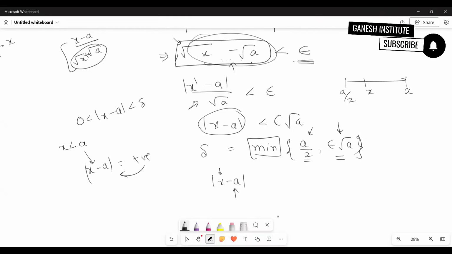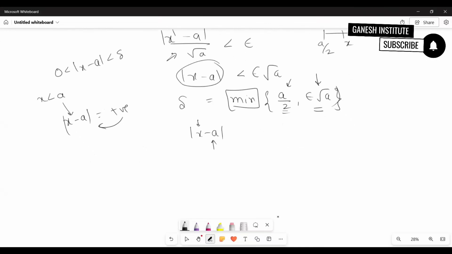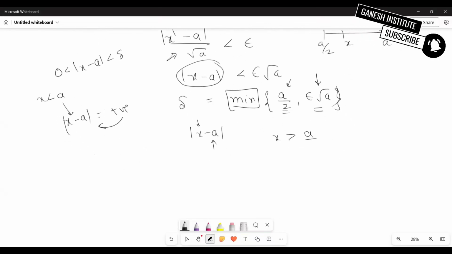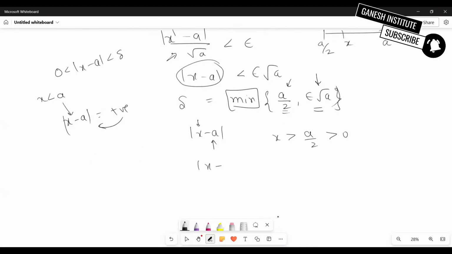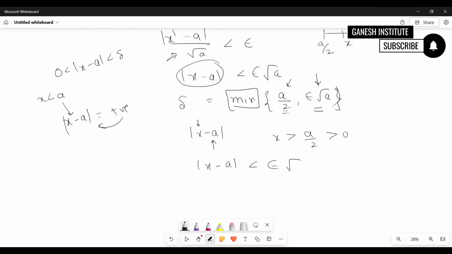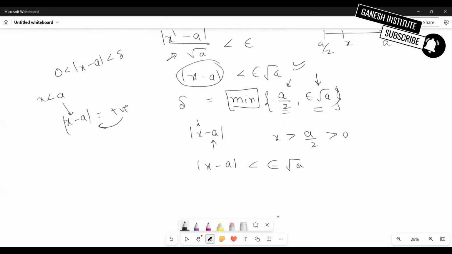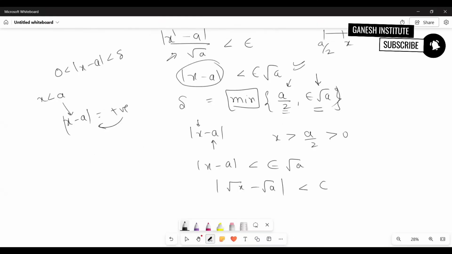So what is going to happen? I have assumed for this x is greater than a by 2, greater than 0. I have x minus a, which is less than epsilon root a here. So this means square root of x minus square root of a is lesser than epsilon root a or epsilon.